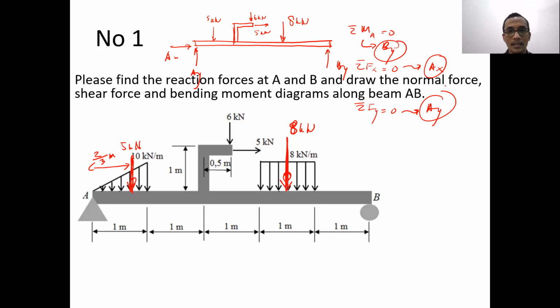Then in order to build the final free body diagram, the next thing that you're supposed to do is to isolate this in order to find out the effect of the 6 kilonewton and 5 kilonewton forces at this particular location.